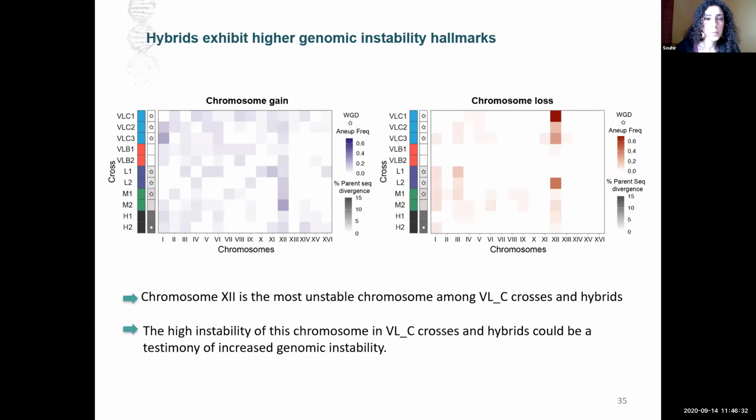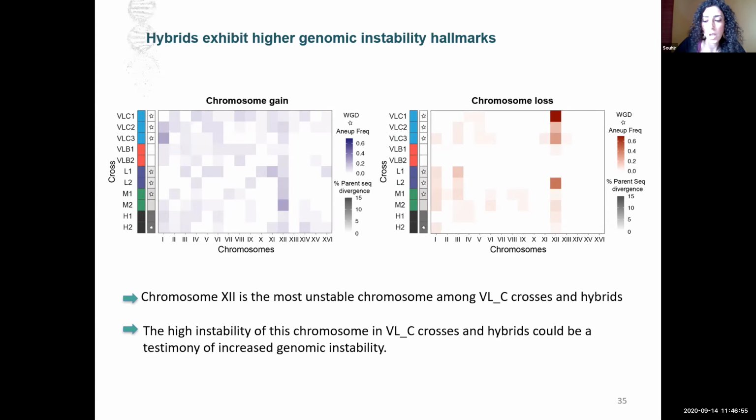Also, the chromosome gain and loss analysis revealed that chromosome 12 is the most unstable chromosome among VLC intralineage crosses and hybrids. And the high instability of this chromosome could be a testimony of increased genomic instability in the VLC crosses and hybrids.